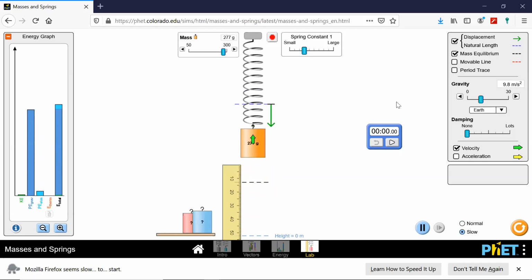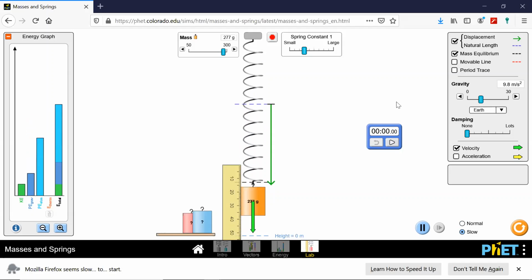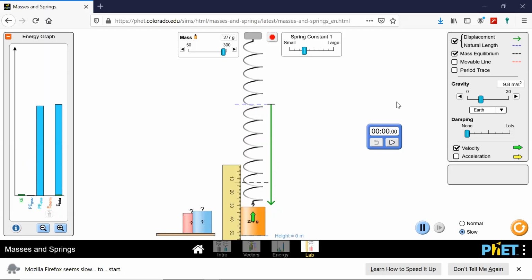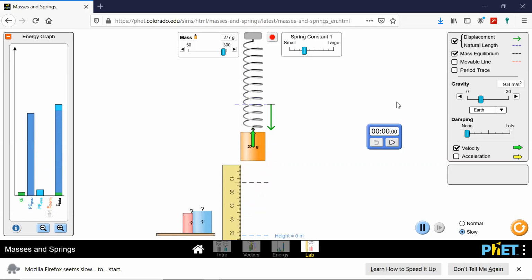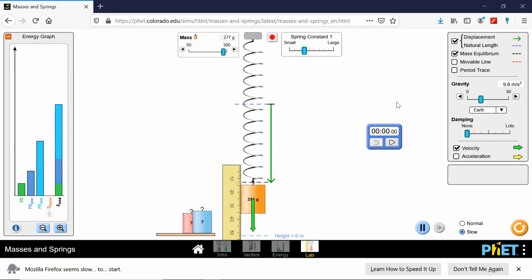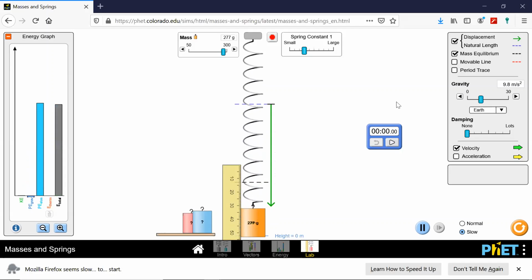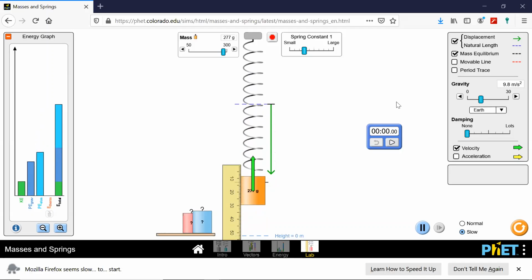There are no external forces. There's no heat exchanges. It's isolated. Therefore, the energy is conserved. And since it's conserved, it is the same at the top as it is everywhere else.